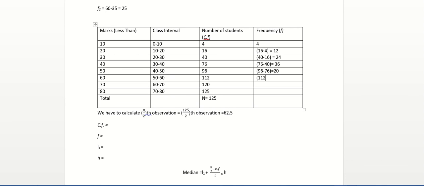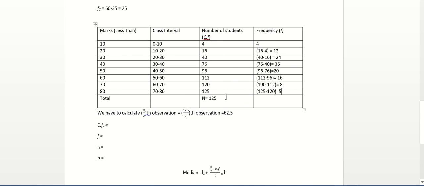Then 112 minus 96, this is 16. 120 minus 112, it is 8. Then 125 minus 120, got 5. So now we have derived the class interval from this less than frequency and the frequency from the CF. Okay.